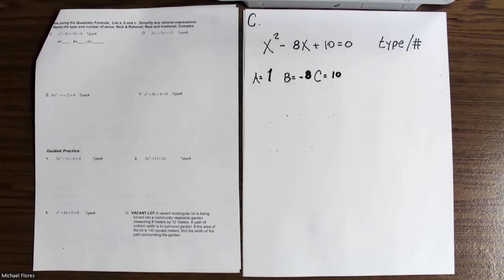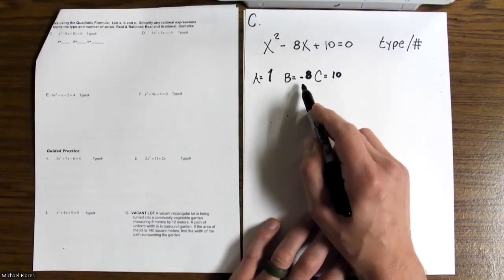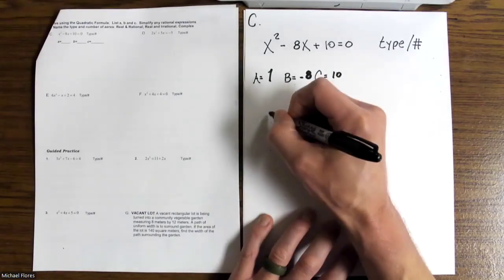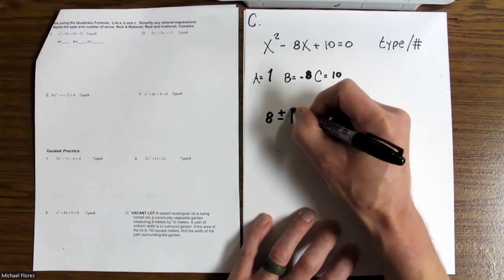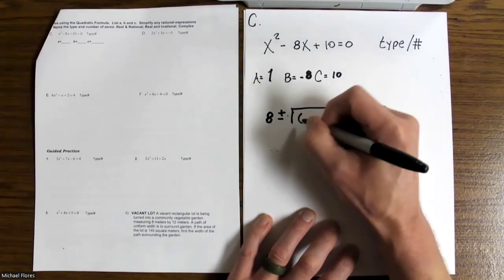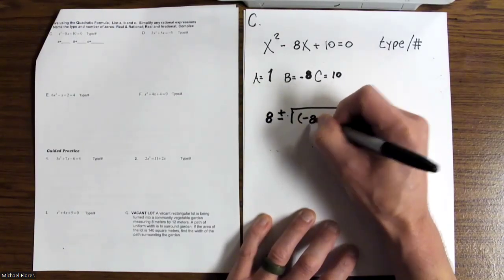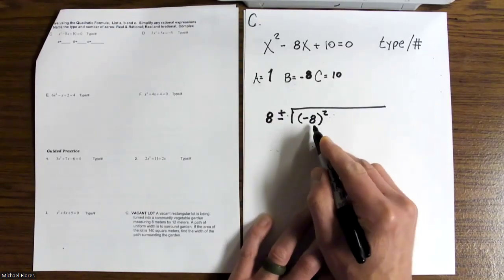And now we're going to use the quadratic formula, which starts with -b, or sometimes I like to say opposite b. Our b value is -8. So opposite b would be +8. Plus or minus the square root of b squared. Make sure you put this number in parentheses.